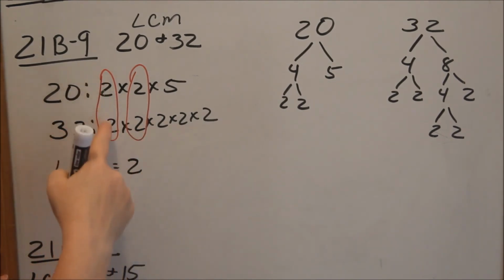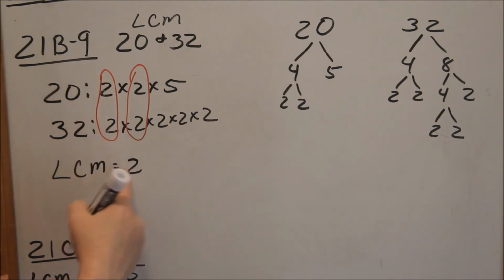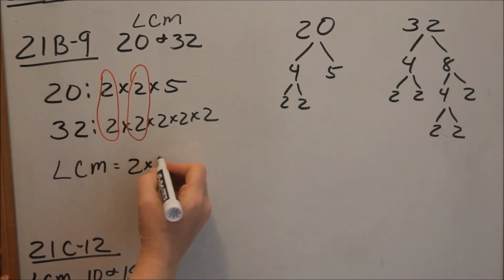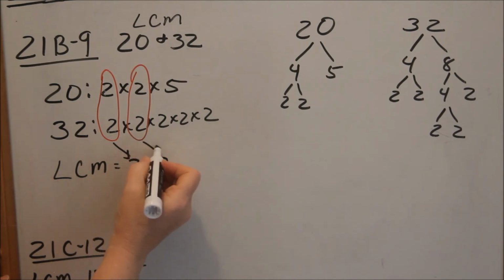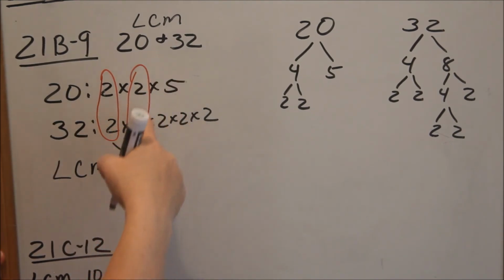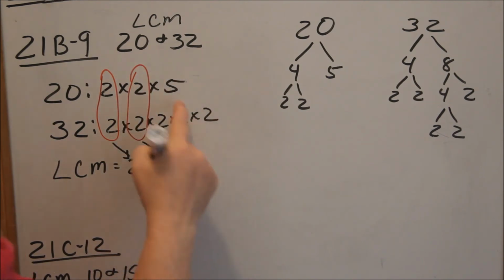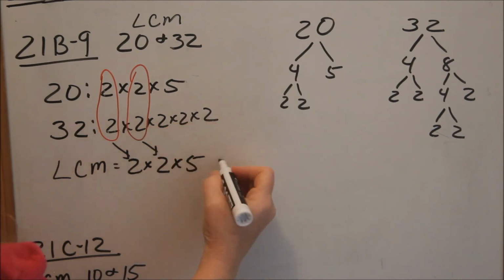They have these 2's in common, so I'm going to take one of them one time times one of these 2. That's that one. So one of those. Now, there's nothing else that they have in common, so I have to use all the rest of them. So I need to use that 5, then 3 2's.